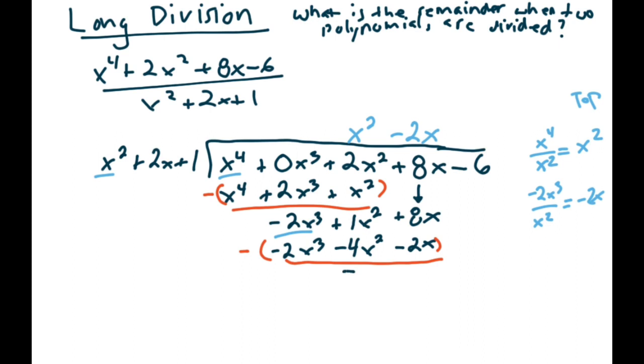This would give us 5x squared plus 10x minus 6. Divide our first two terms. So 5x squared divided by x squared is 5.